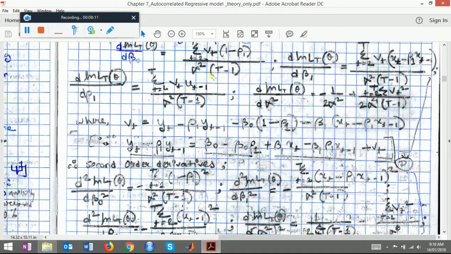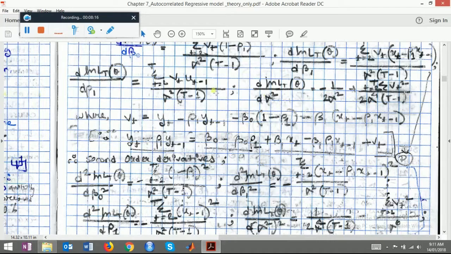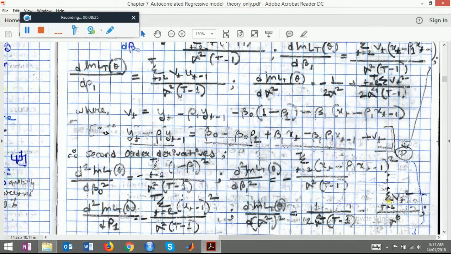So the first term vanishes again and the lag remains, ut minus 1 squared. This term vanishes and we are left with 1 by 2 sigma to the power 4. Taking this out, we then have sigma to the power 6.